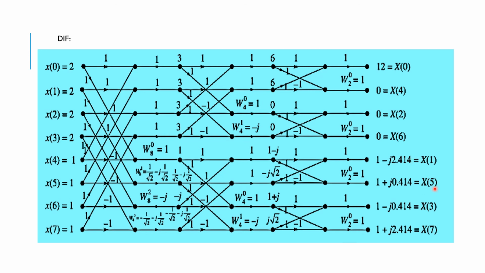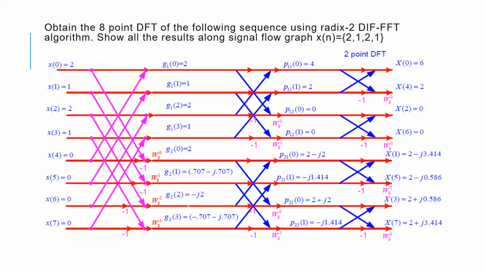Whereas phase spectrum can be obtained by using the angle of X of k, which is tan inverse of b by a. So apply those two and find the modulus of X of k and angle of X of k. This is how we plot the magnitude spectrum and phase spectrum. Hope you all know it is a very basic thing which we have done already in the DFT sequence, so I'm not going to explain all about that.